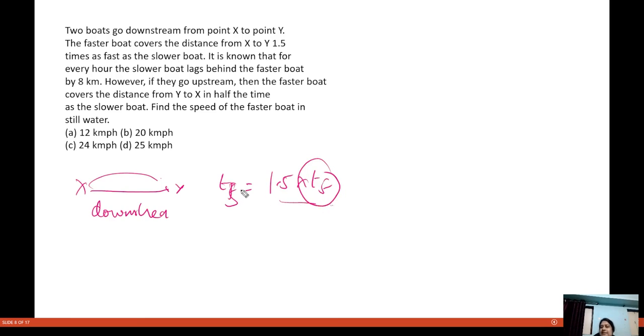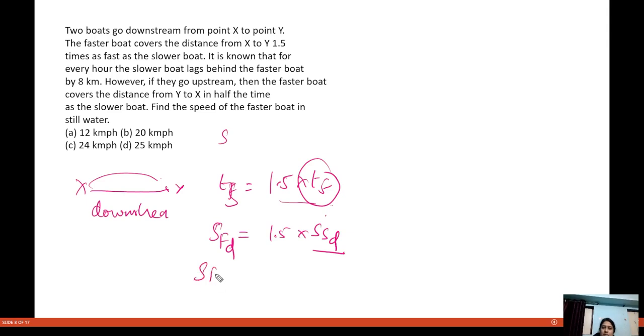If the slower boat takes more time, then the faster boat's speed is greater by that much, because if you are faster, you will reach 1.5 times earlier. So that means the speed of the faster boat, and that too downstream, is equal to 1.5 times the speed of the slower boat, and that is downstream.